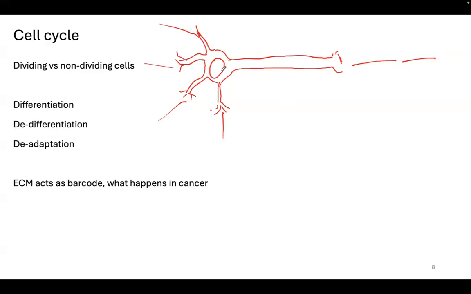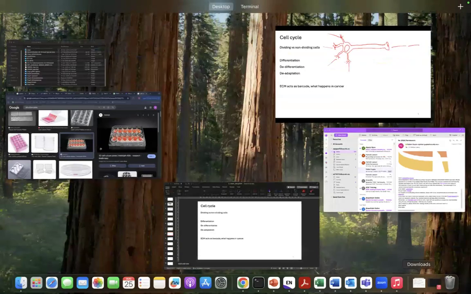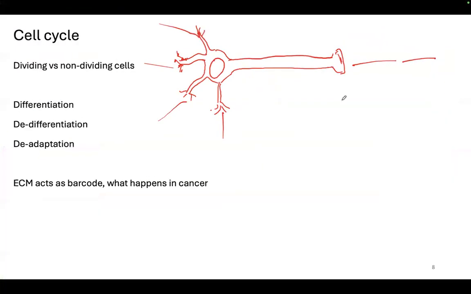So this has very, very specialized things. It's not just this simple look. There are more structures here, and there are substructures like some spines here. Lots of things. The molecules you'll find in this part and the molecules you'll find in this part are all very, very different. So in short, these terminally differentiated neurons don't divide.